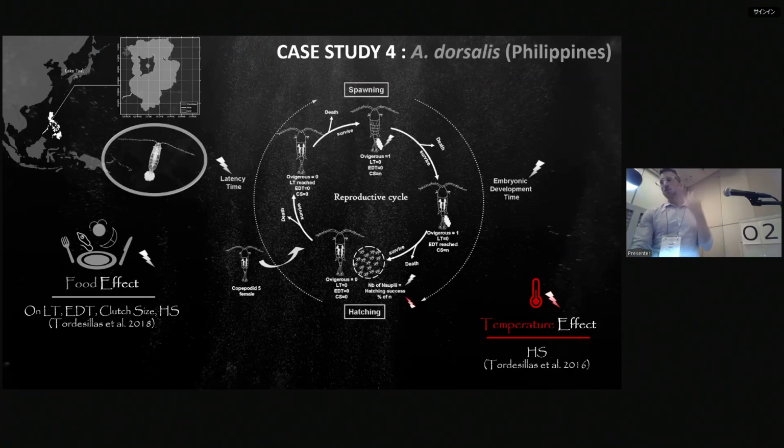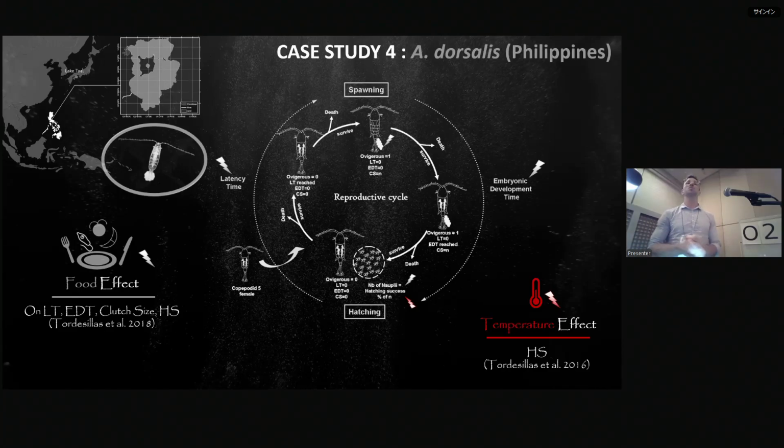For the fourth and final example of Mobidyc application on copepods, I chose the invasive copepod species Arctodiaptomus dorsalis in the Philippines. One of the hypotheses for its successful invasion is its high production ability when food is abundant.